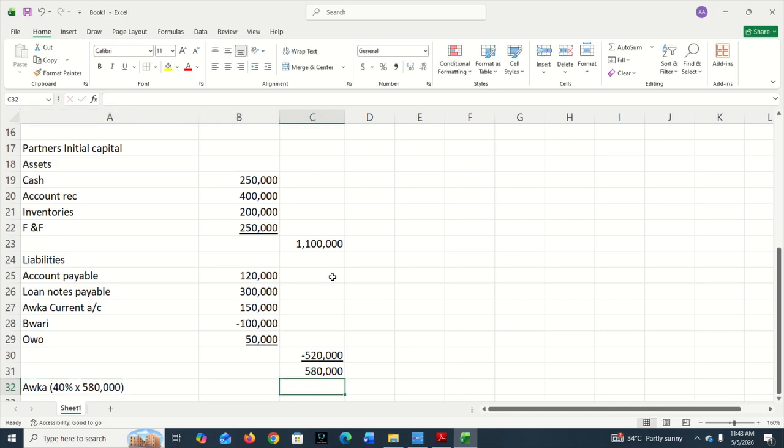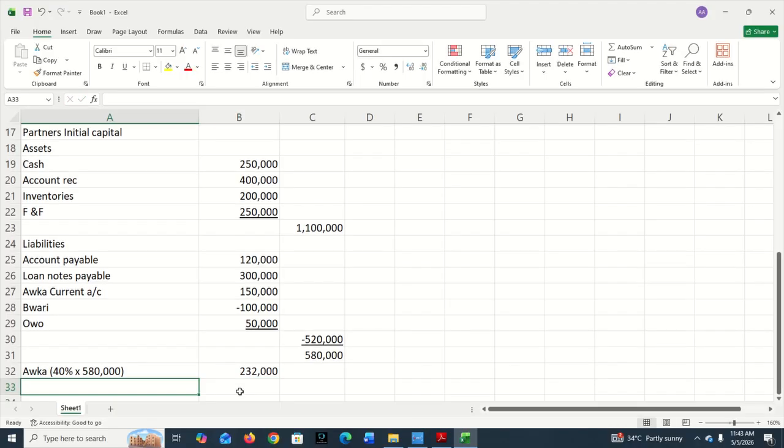So 0.4 multiplied by 580. If you punch your calculator, that will give you 232,000. Confirmed. Okay, we have Buhari at 30%. 30% of 580,000.